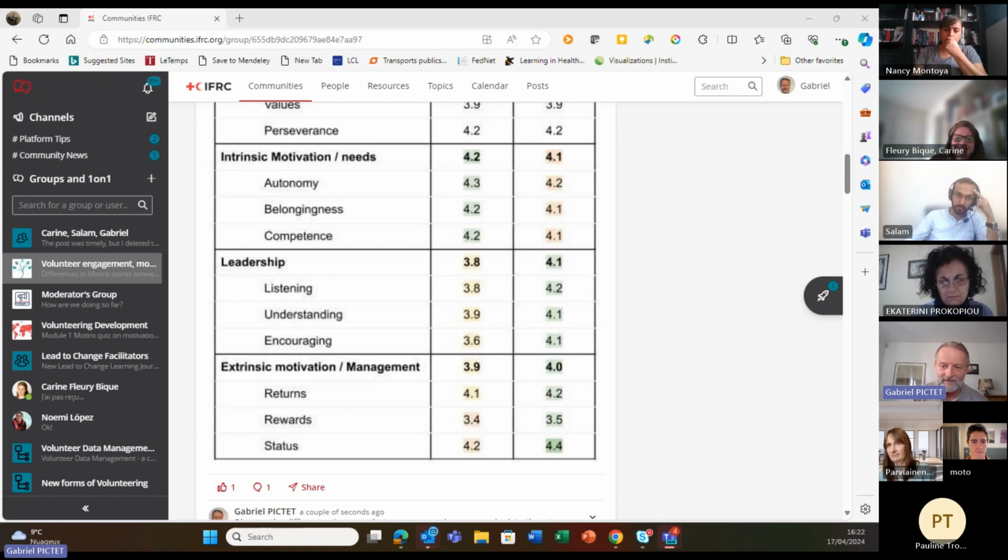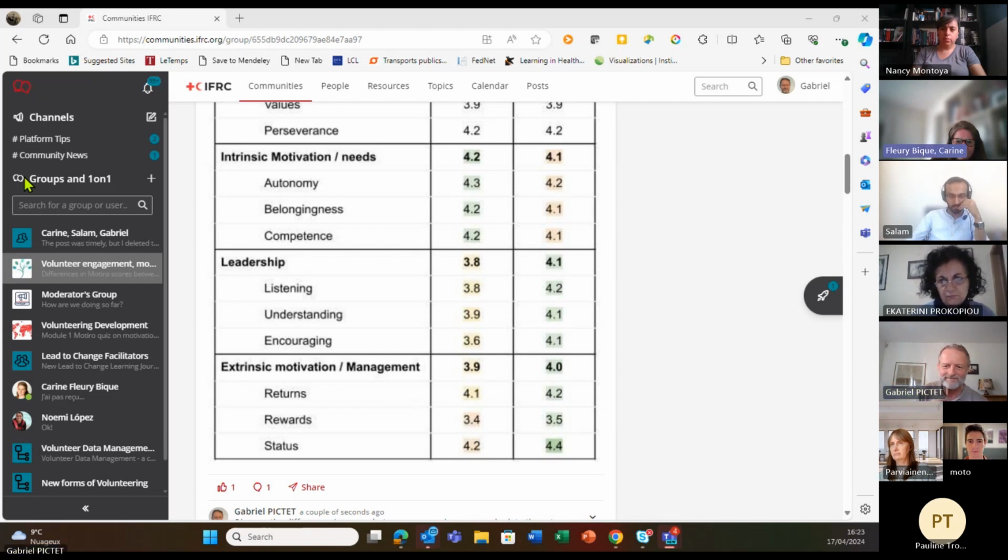Whereas men tend perhaps to expect more, and therefore they're more easily frustrated when they don't get enough. So it's just a difference in expectation. So even though they get the same rewards, the same returns, it just happens that men find it's not enough, and women are saying, "What's that? It's pretty good already." Okay. So that's one assumption, and that would explain why women have higher scores in extrinsic motivation than men do.